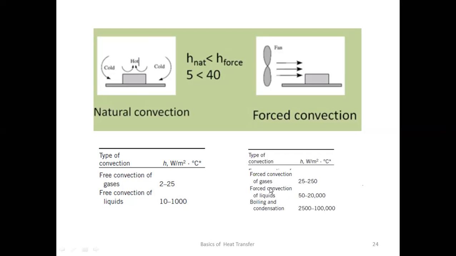Here it is 2 to 25. And for liquids, up to 1000 we can achieve by free convection, but by forced convection we can achieve up to 20,000. Can you imagine this?